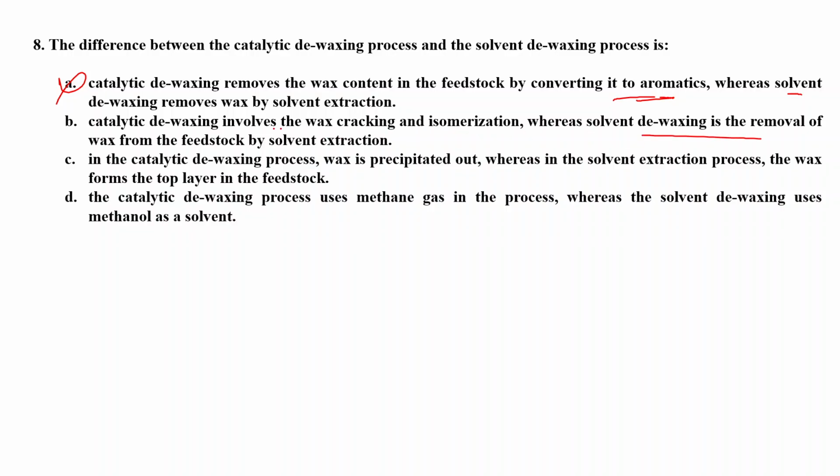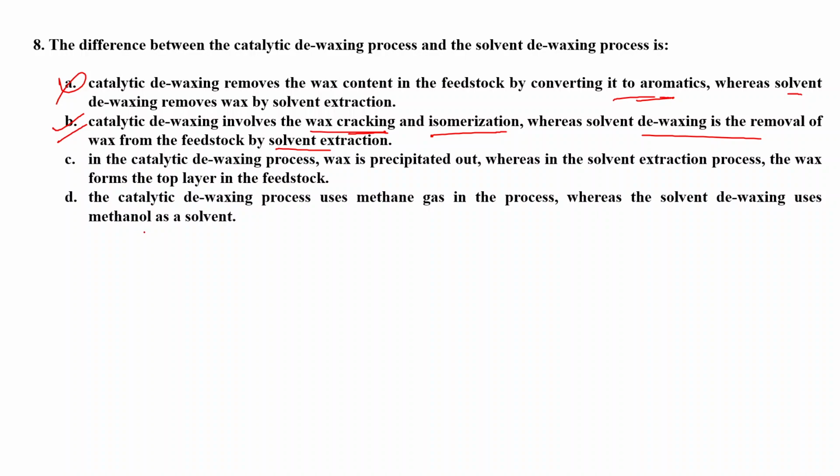The second option is correct. Obviously, catalytic dewaxing involves wax cracking by converting it into smaller, lighter fractions such as kerosene or naphtha and some amount of isomerization of these N paraffins into isoparaffins. Okay, so this option is correct.